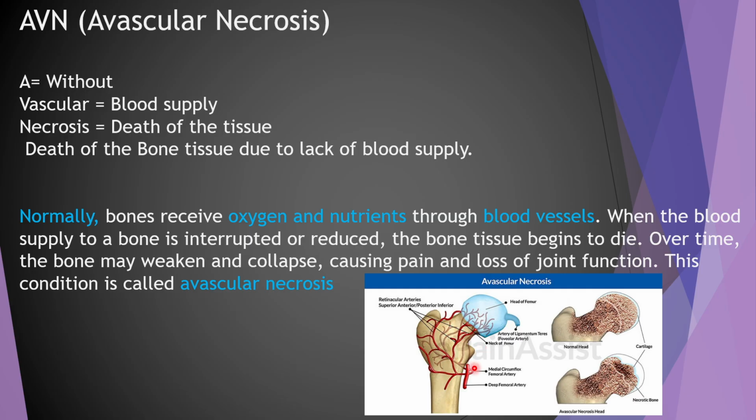Over time the bone may weaken and collapse, and this condition is known as avascular necrosis. Here you can see a normal head of the femur, and here is the cartilage. What happens if the blood supply is reduced here? The bone tissue gradually begins to die. So this one is necrotic bone, and this condition is known as avascular necrosis.